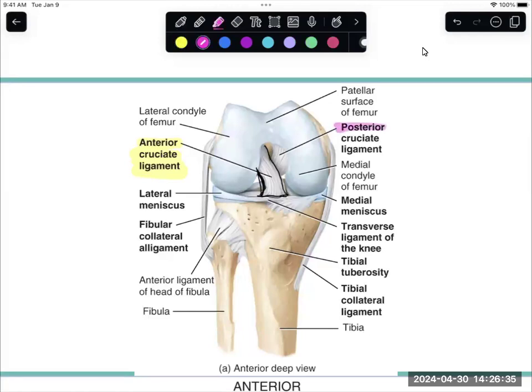The posterior cruciate ligament starts in the back of that tibia, and it comes to the front of that femur. These two ligaments prevent that femur from traveling too far forwards or too far backwards on top of that tibia.